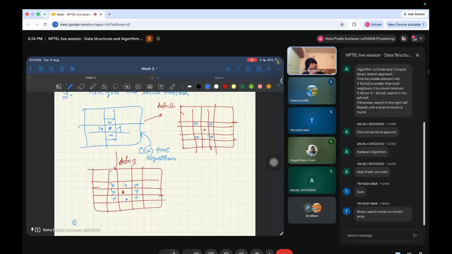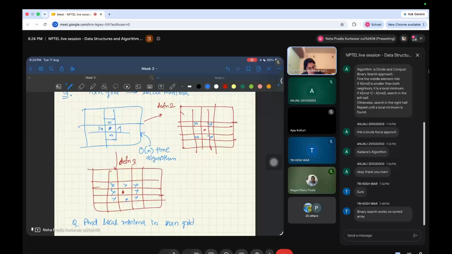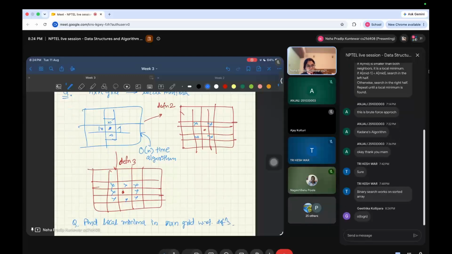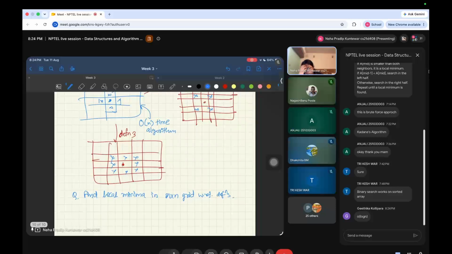Let us say I'm sticking to definition 3, then how much time? Log n. How would you do log n?